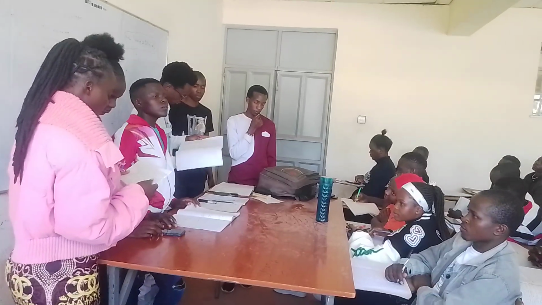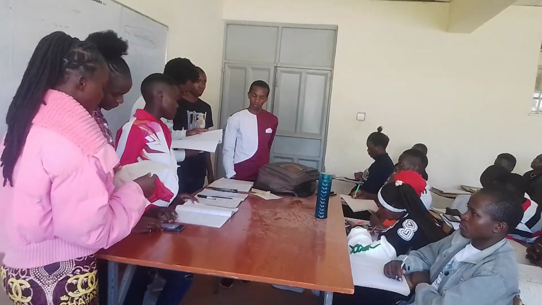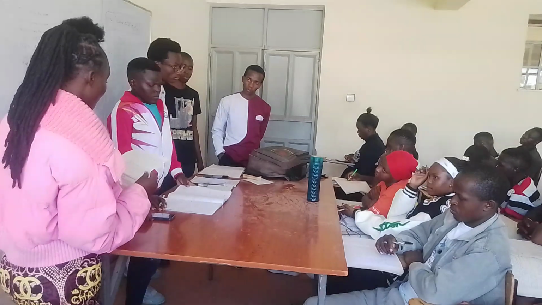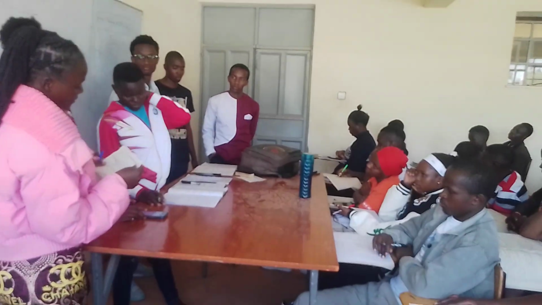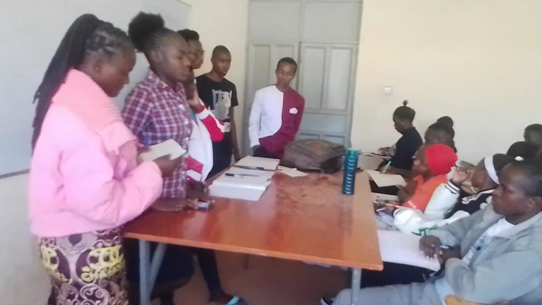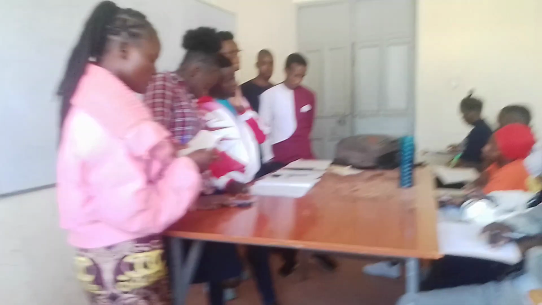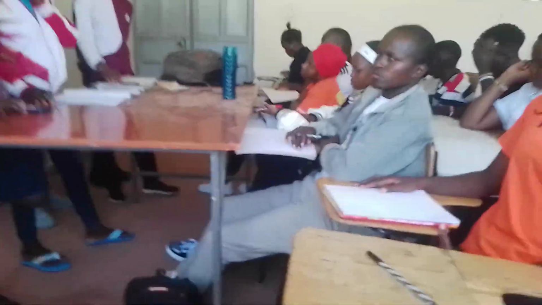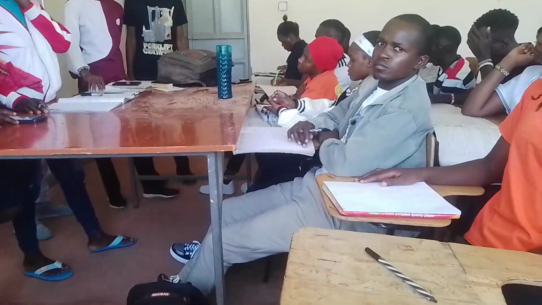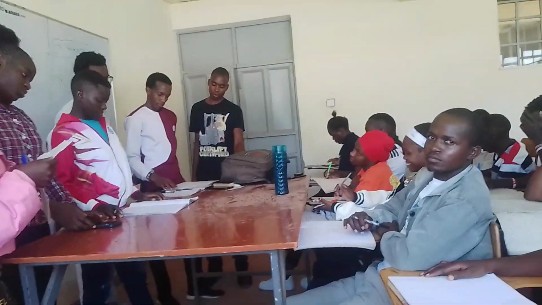I will take you through types of errors. Number one, I start with syntax error. This occurs when the code does not follow the correct syntax rules of the C language.